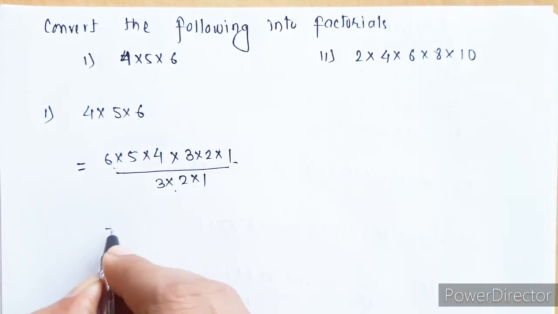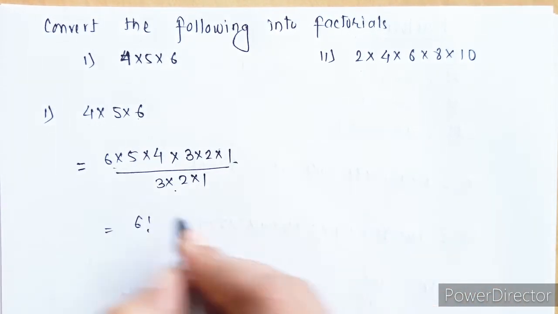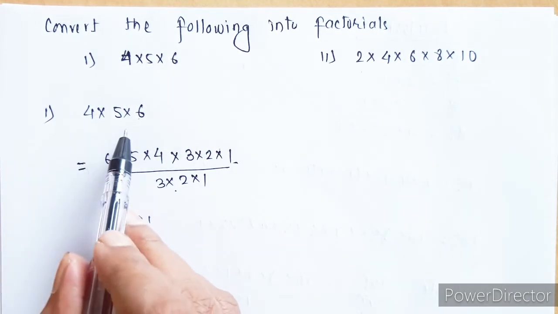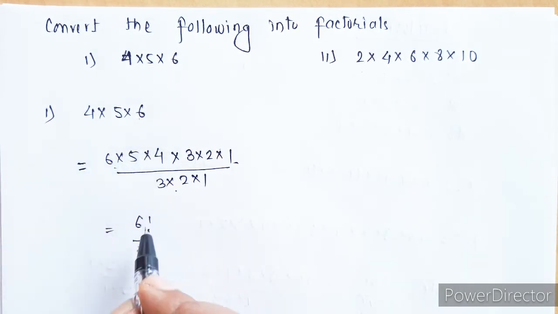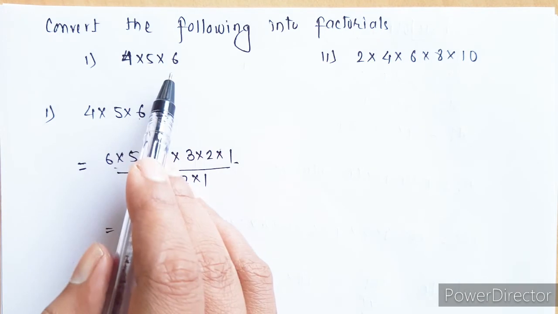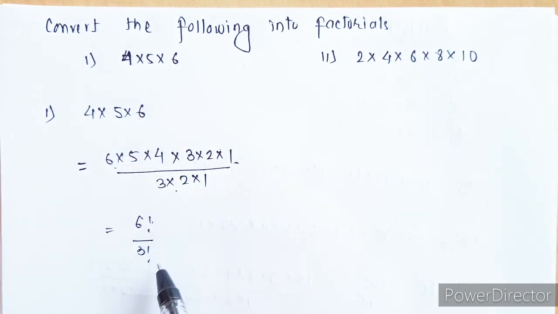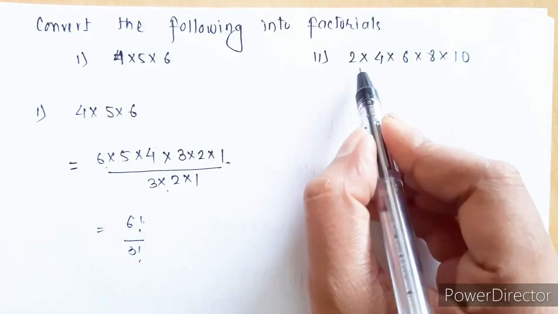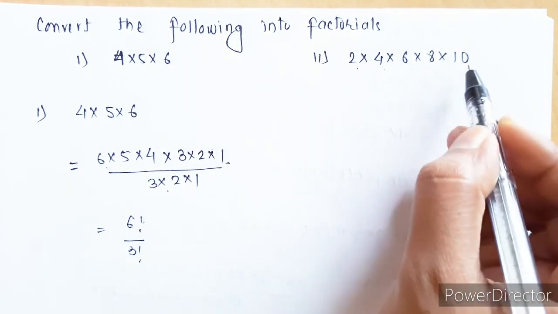Now this can be written as 6 factorial and this can be written as 3 factorial. So 4 into 5 into 6 can be written as 6 factorial upon 3 factorial in terms of factorials.